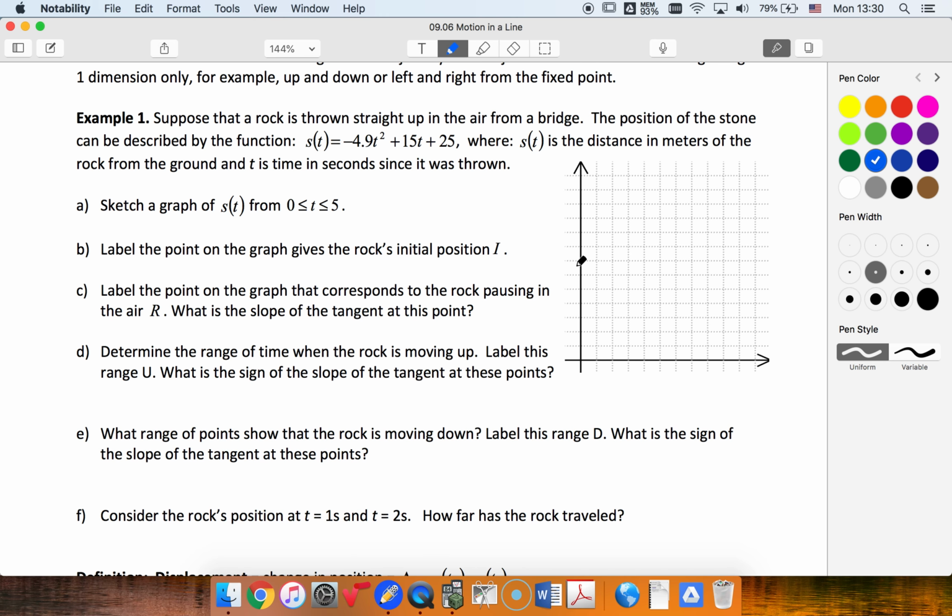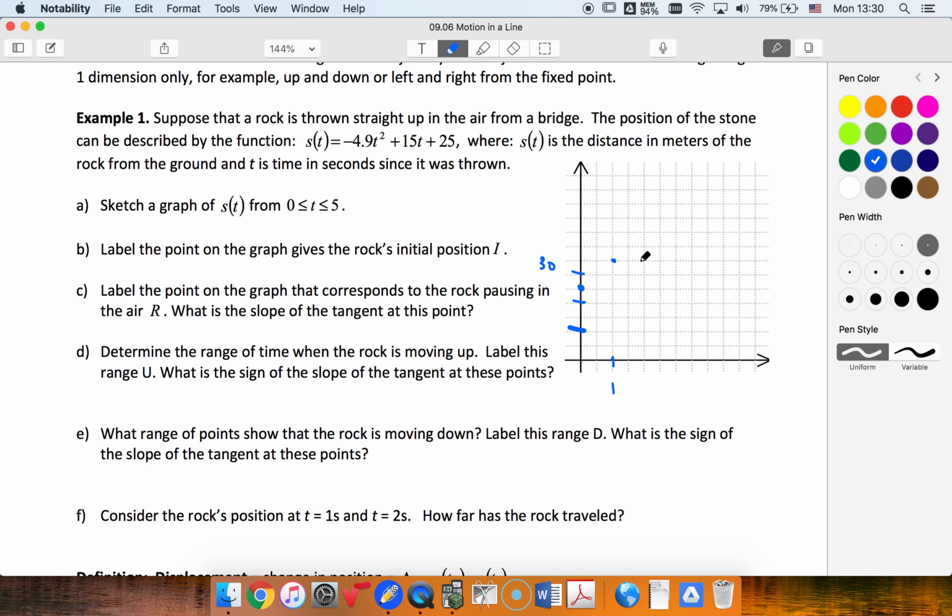So let's count by tens. 20, 30, so we know we're starting at 25. At 1 we were up around 35 or so.